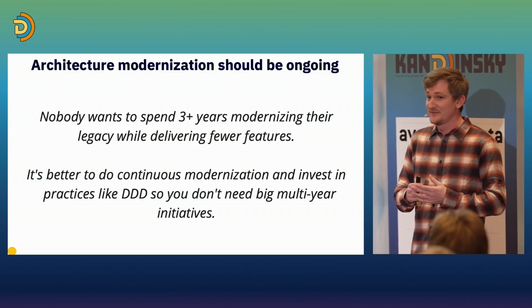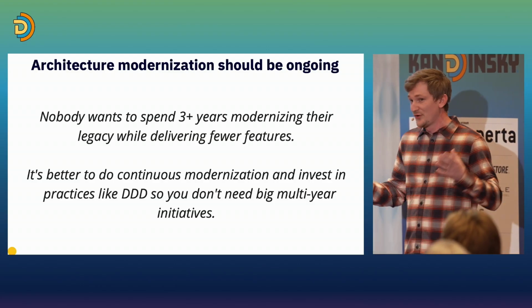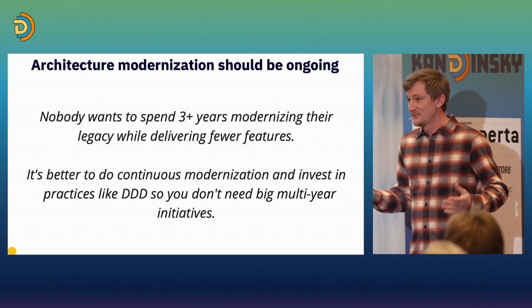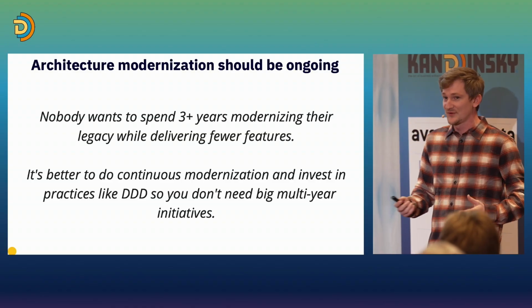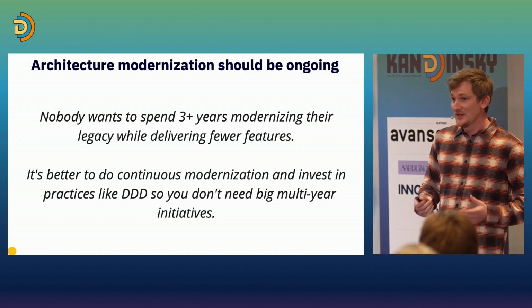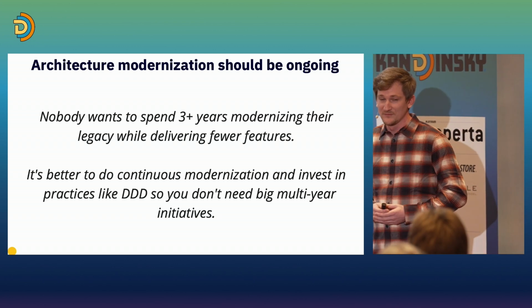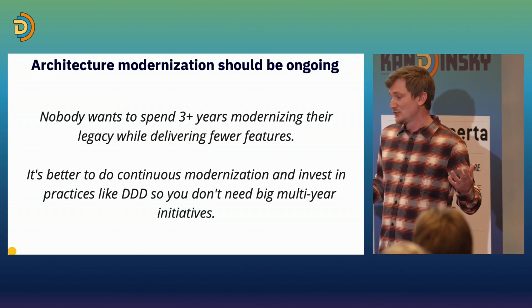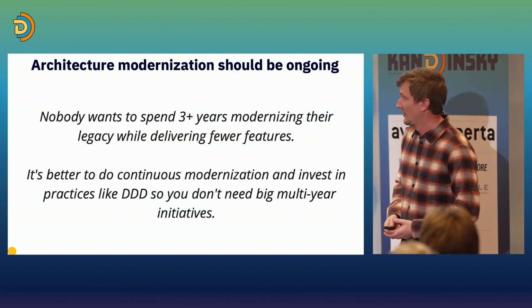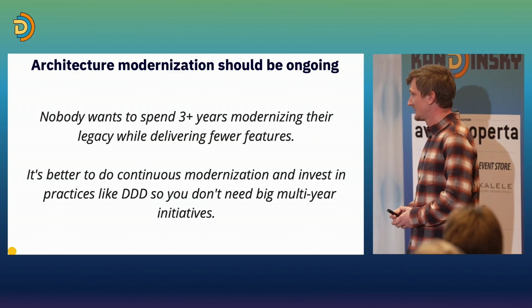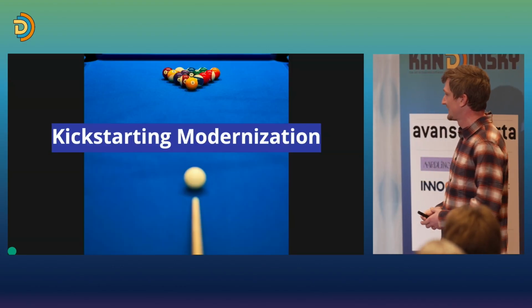A lot of people just aren't investing continuously. So yes, ideally, it should be an ongoing thing, but for most companies that don't continuously evolve their systems, you're in a situation where you have to have a bigger upfront investment. So let's move on. Let's talk about something more concrete.